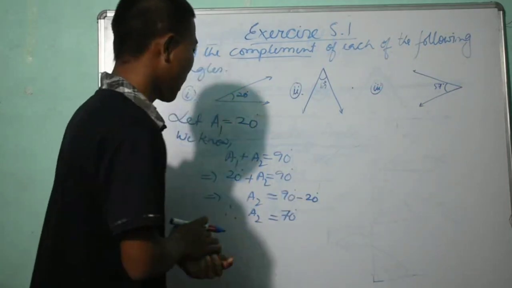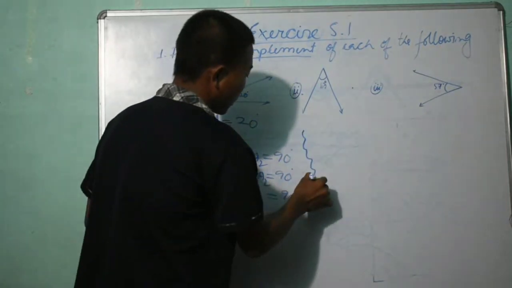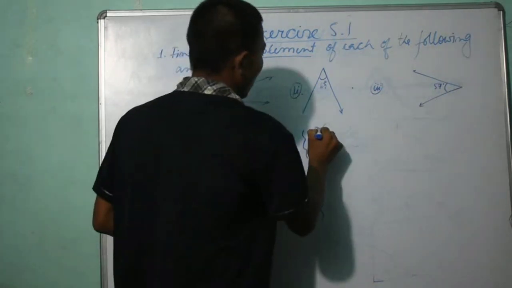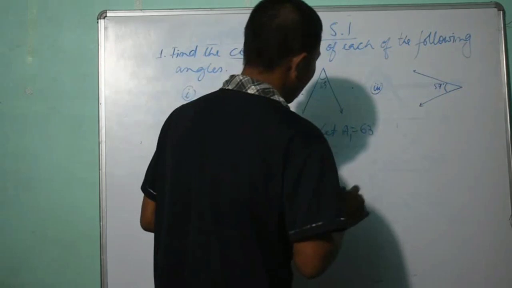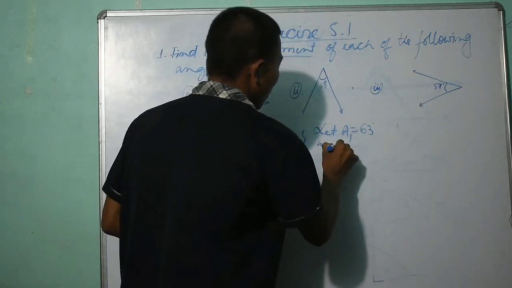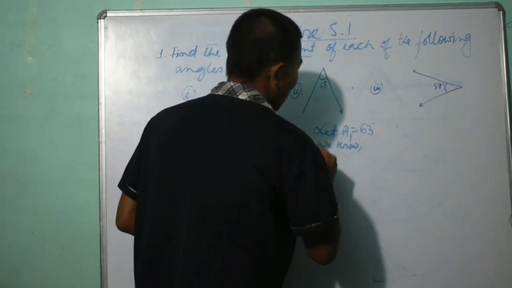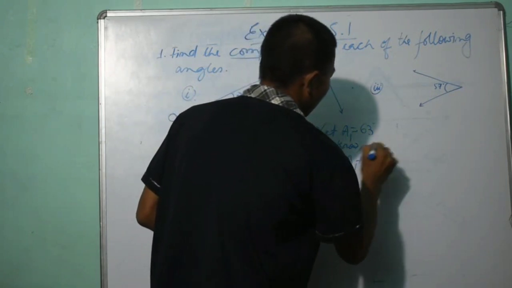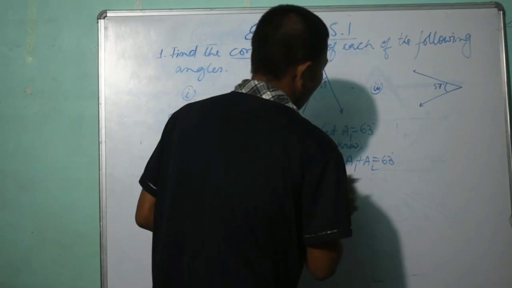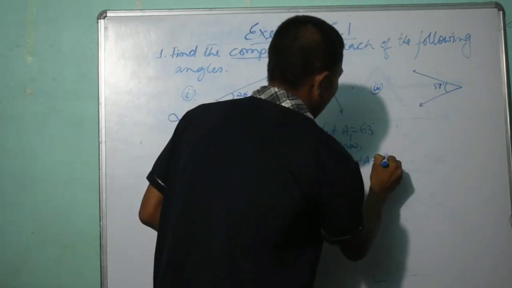That's it. So simple. Okay, now let us try to find it for this one again. Let A1 equal 63 degrees, and we know angle 1 plus angle 2 equals 90 degrees.